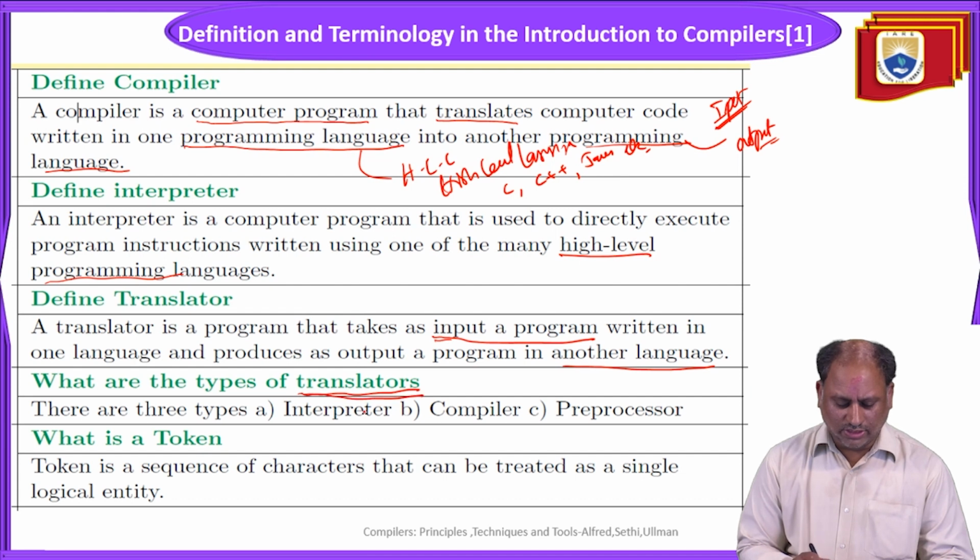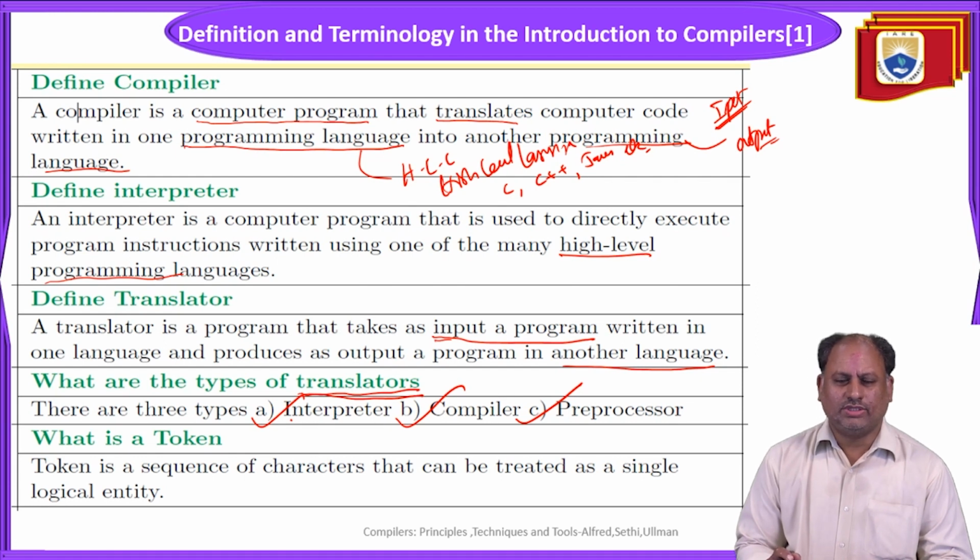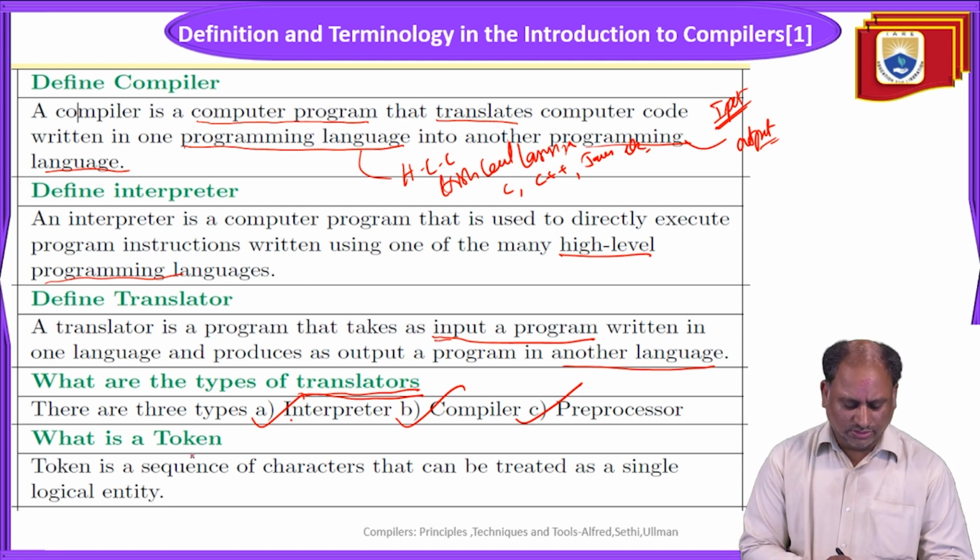Translators are of several types: interpreter, compiler, and also preprocessor. We know the interpreter and compiler, as previously we gave the definitions. And the preprocessor, before executing the compilation, does some work like importing directives and special stuff like that, and then the execution is done.